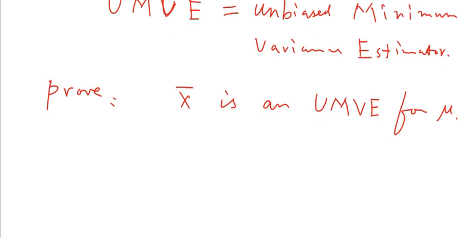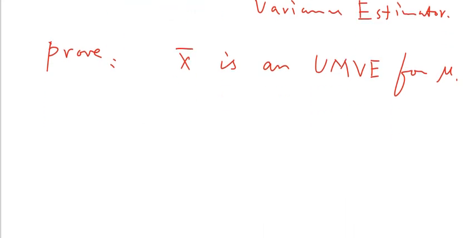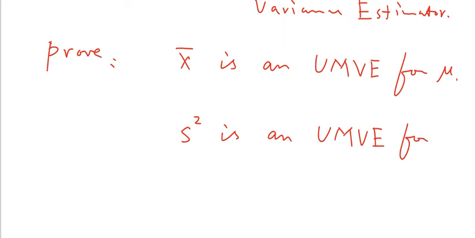And also we want to prove that S square, the sample variance, is the UMVUE for sigma square.